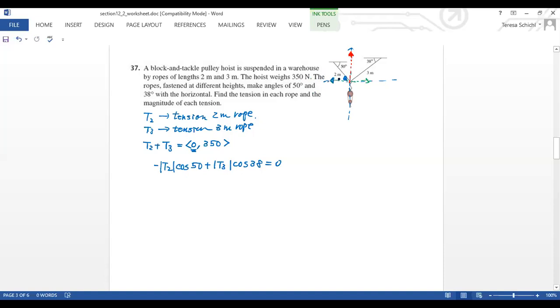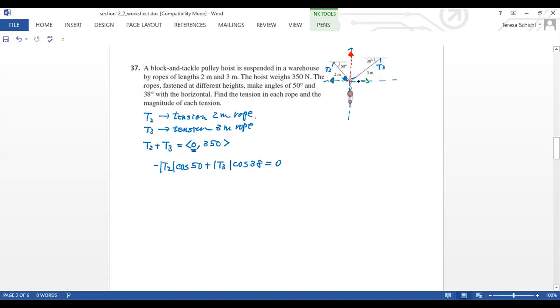This is what we call T2 tension, and this is T3. The x direction is the hypotenuse times the cosine 50, but because it is on the left-hand side of the origin, it is negative.